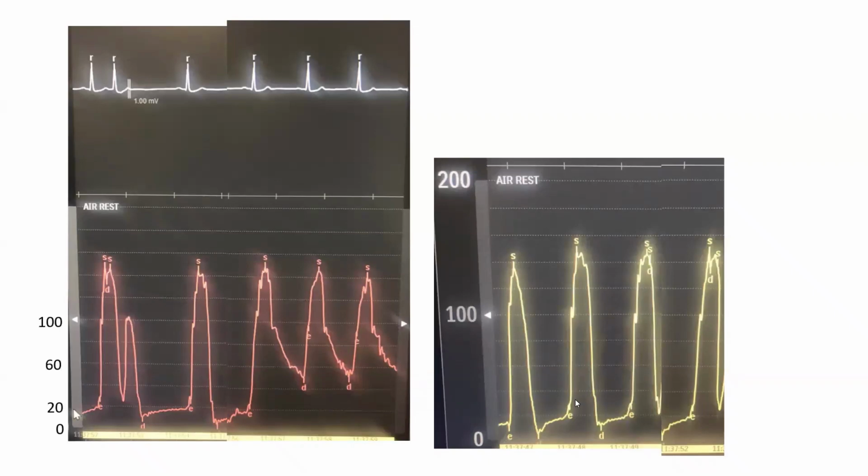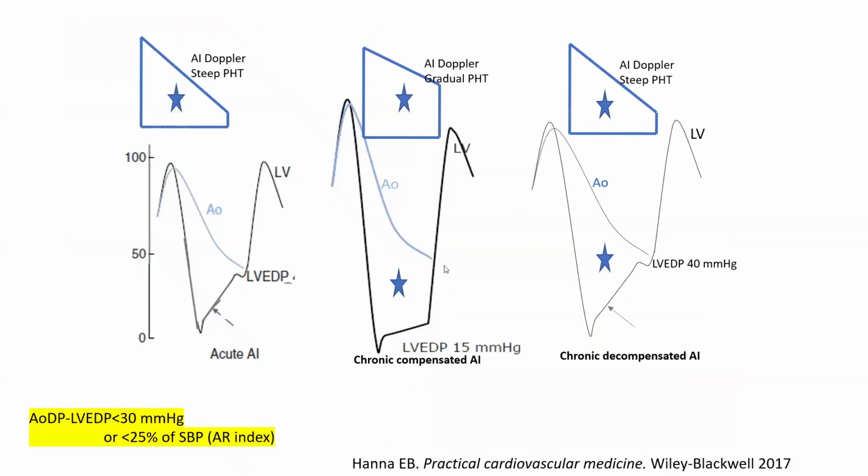But that high LV-EDP with a low diastolic blood pressure should always make you think of severe aortic insufficiency, specifically severe decompensated aortic insufficiency. When that aortic diastolic pressure almost meets the LV end diastolic pressure, this is very suggestive of aortic insufficiency.